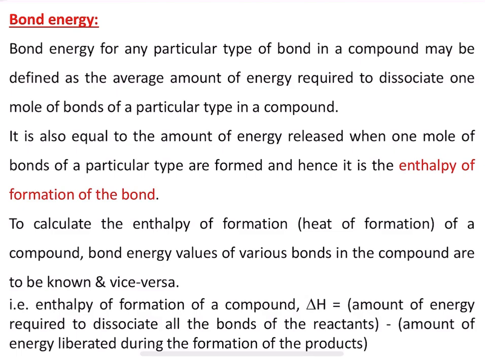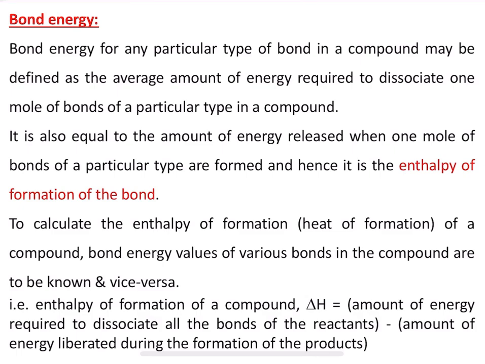So delta H will be equal to the amount of energy required to dissociate all the bonds of the reactants. All the bonds that are present in the reactants, how much energy is required to dissociate them, minus the amount of energy liberated during the formation of the products.